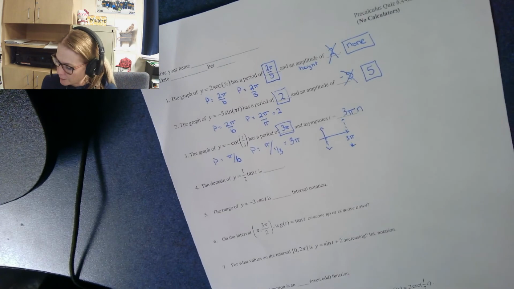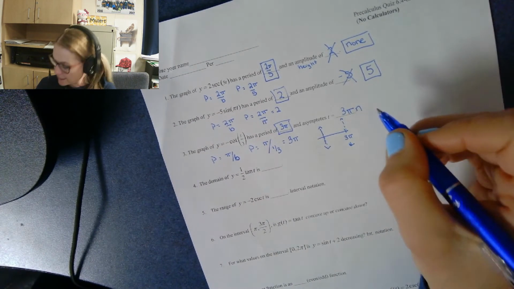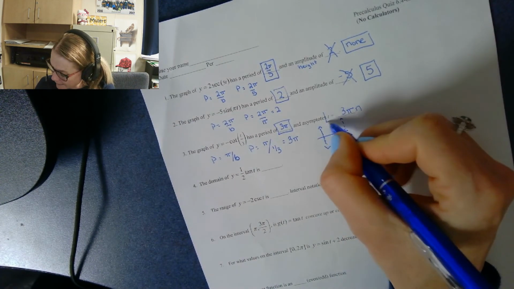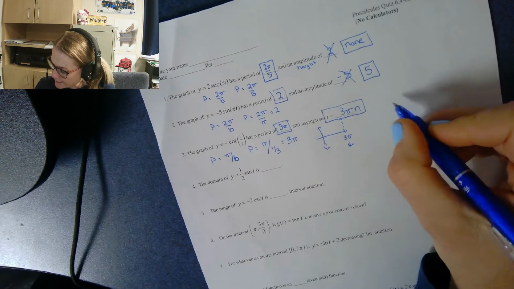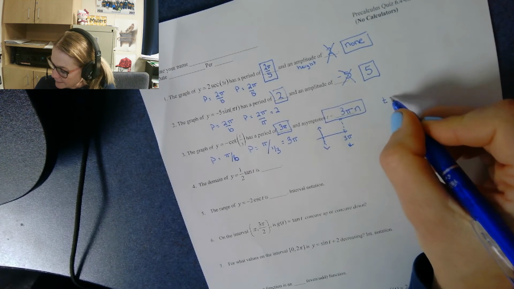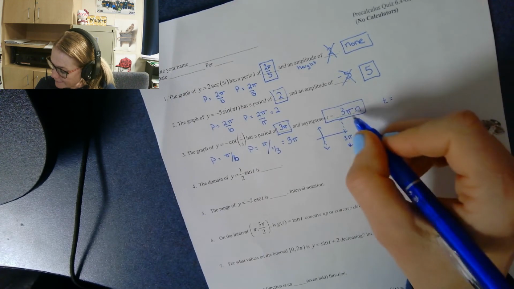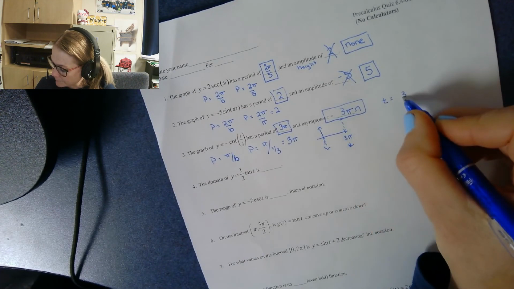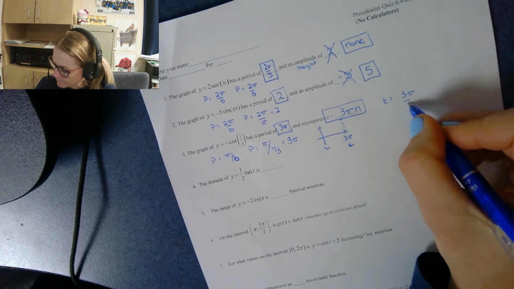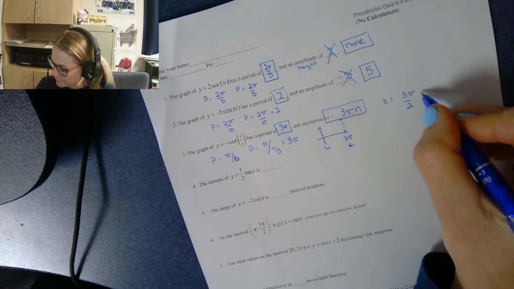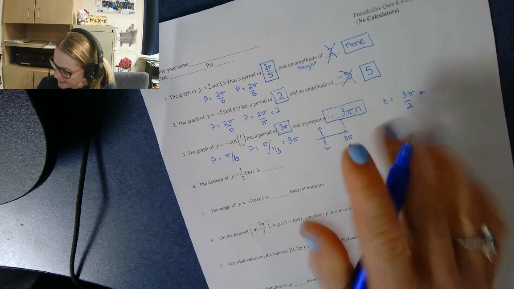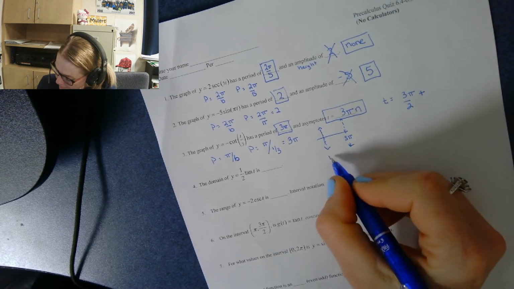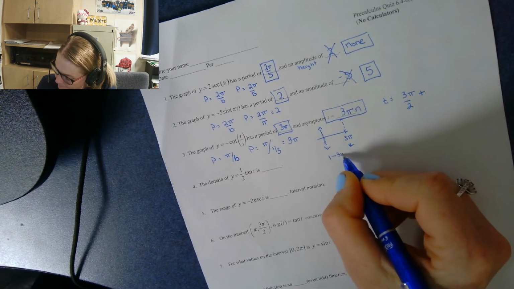Now, if this were tangent, so that's that little answer. If this were tangent, you would take the half period marker, and then they would still be a period length apart.